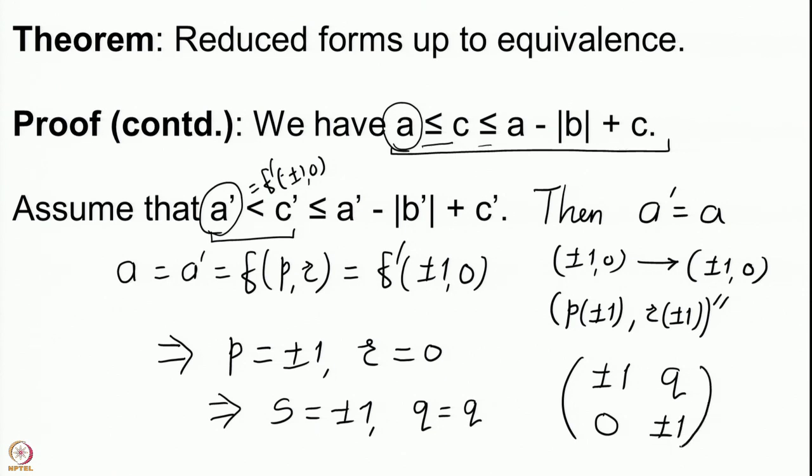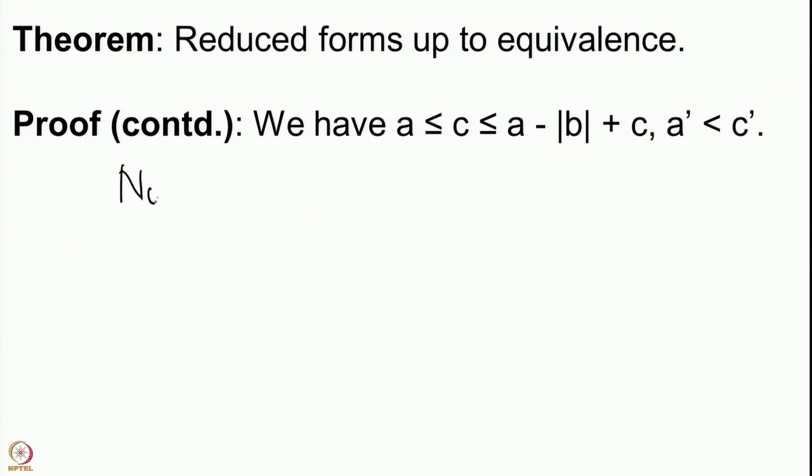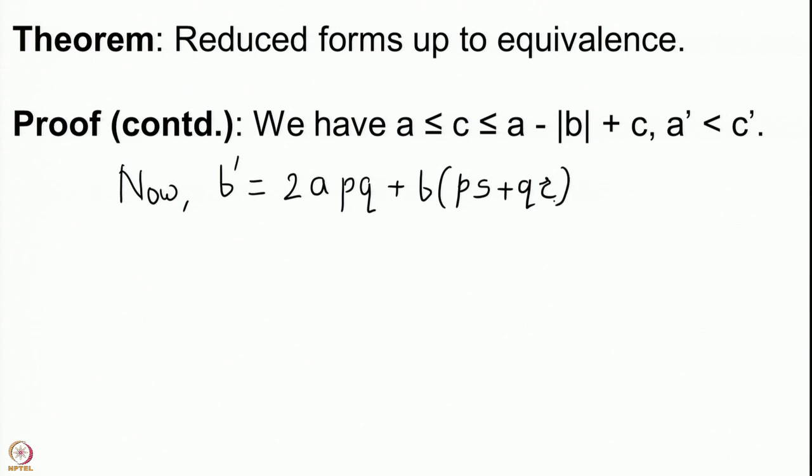This is the change of variables matrix that we get, and after we get this matrix, we now look at the value change that happens to b prime. Now, b prime, if you remember, is 2apq plus b times (ps plus qr), and that is it.